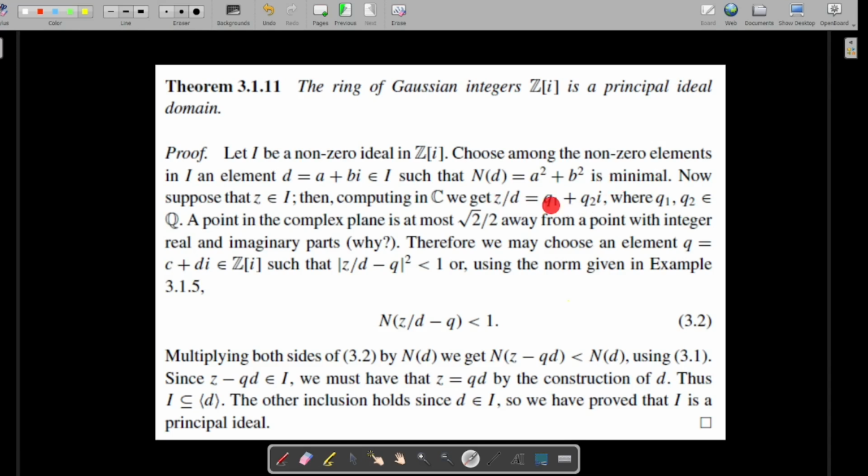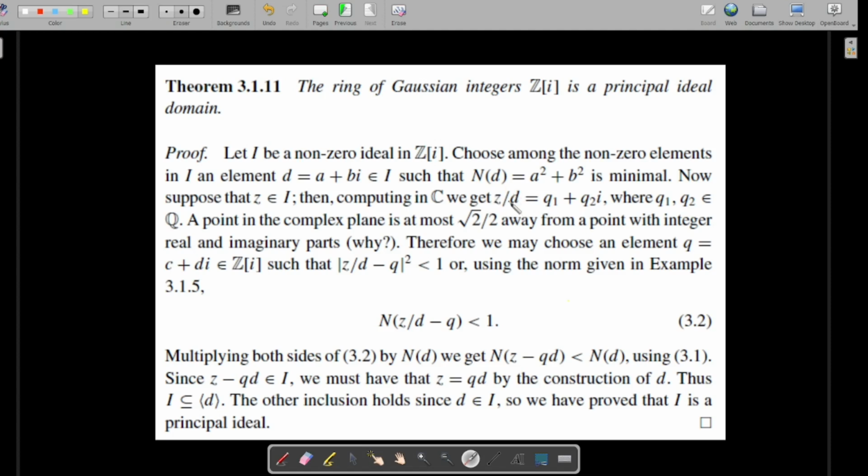Suppose the answer is q1 plus q2 i. When you divide a complex number by another complex number, you will get another complex number, but here the peculiarity is that z and d are elements of Z[i]. That is, z is a plus bi where a and b belong to Z only, and d also.